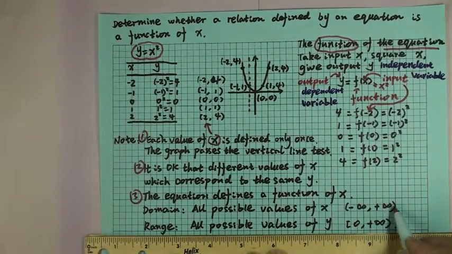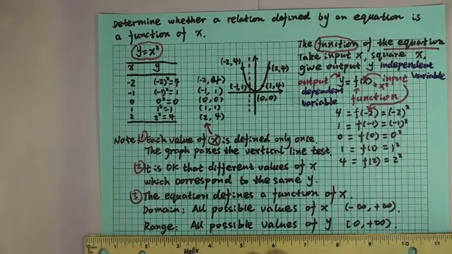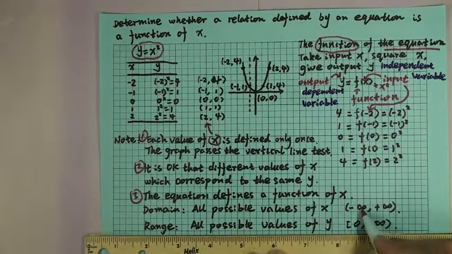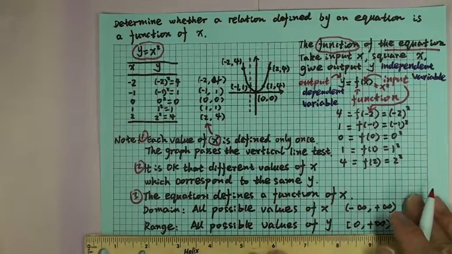Again, to the positive infinity, but positive infinity is never included, so you want to use a round bracket all the time for the infinities on both sides. That's the thing we need to understand.